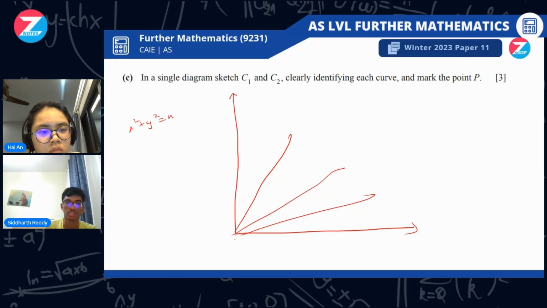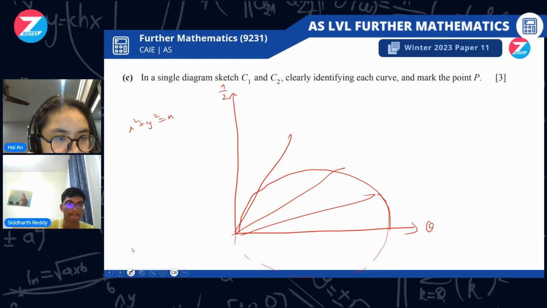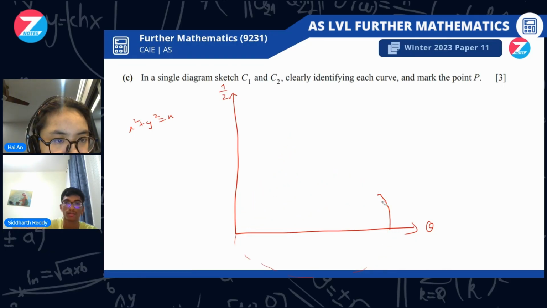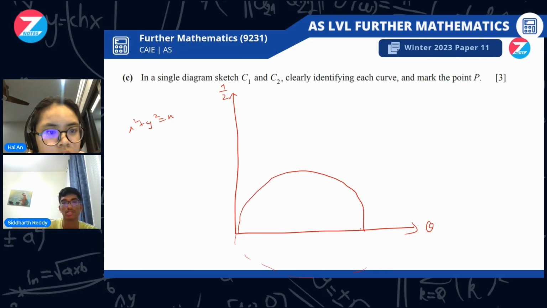So this is actually just going to be a circle like this. And since they're only asking us from theta is equal to 0 to pi by 2, it's going to be a semicircle. I'm going to draw that properly. So this is the C1, and C2 is going to look something like this.